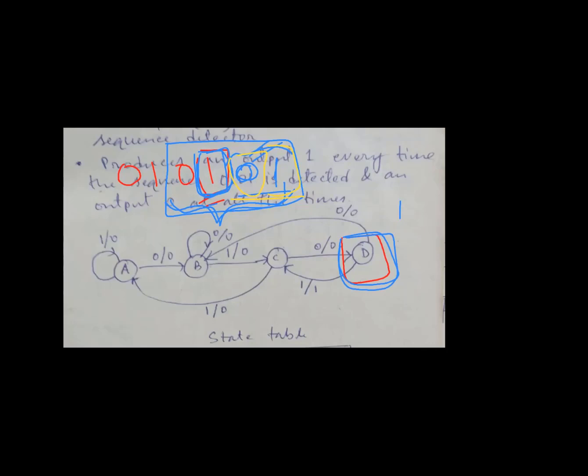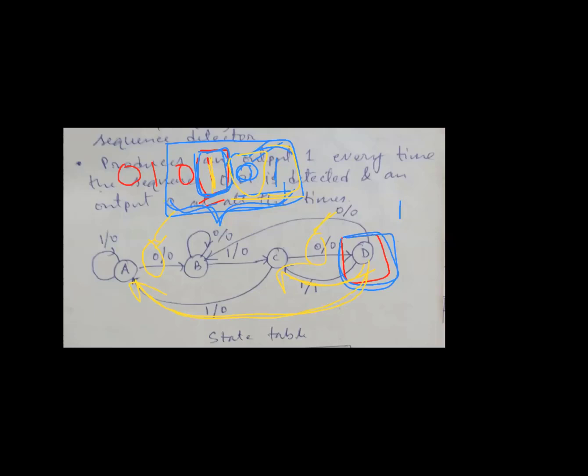Now look at in which state, if we go to A or C, in A also 0 is emitting, and from C also 0 is emitting. So for the last input 1 in D, we may go back to either C or A, because for the last bit 1 over D, our next bit should be 0. So looking at the future, we may go back to C because from C 0 is emitting, or we may go back to A because from A 0 is emitting, because our next bit should be 0.